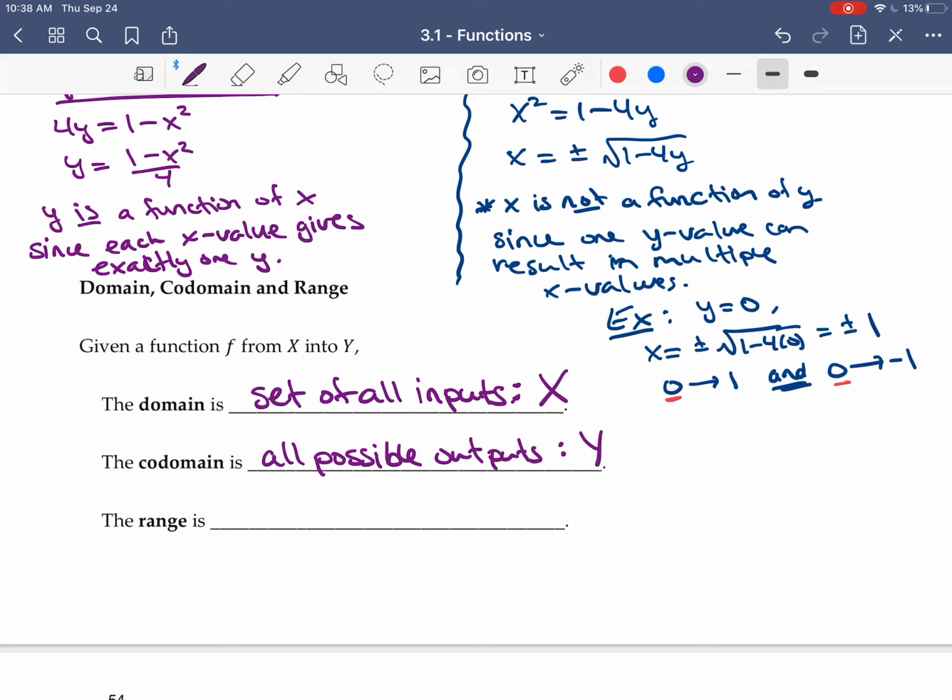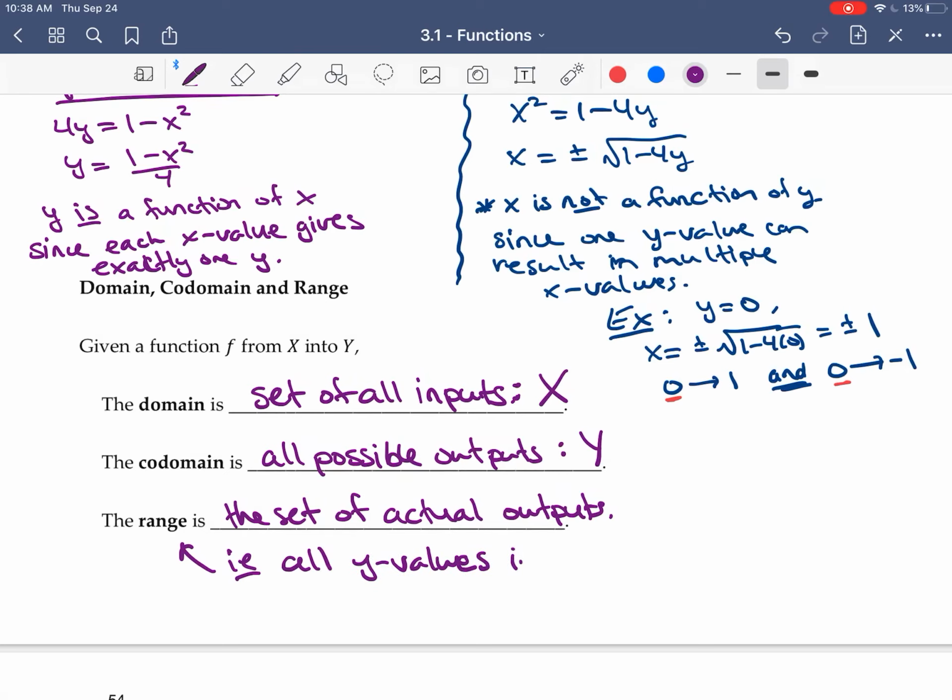And the range is actually the set of actual outputs. What I mean by that is it's all y values in the y set such that f of x is equal to that y value for some x.